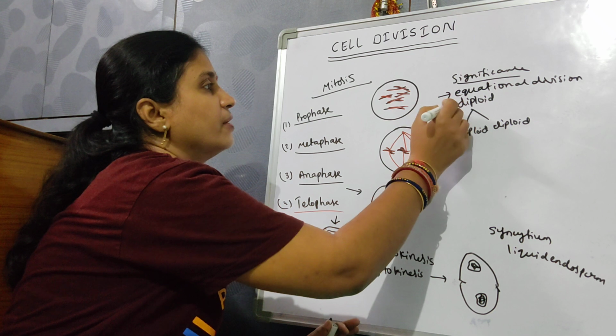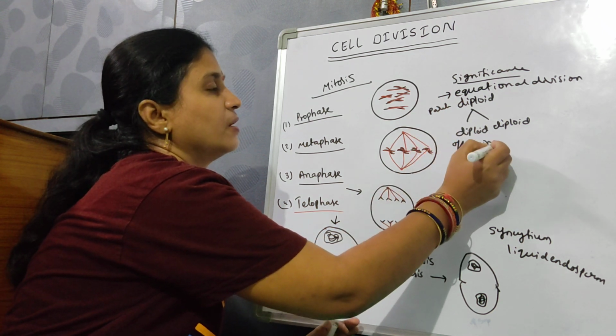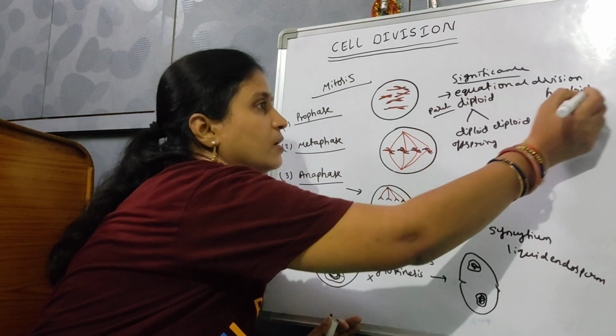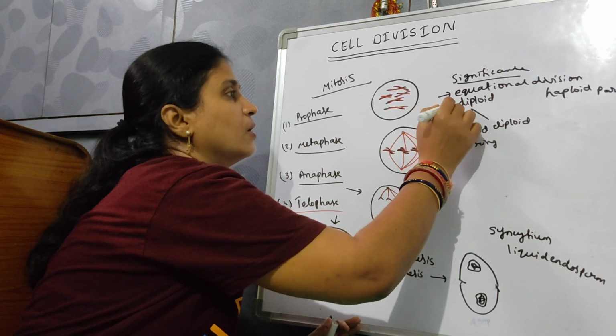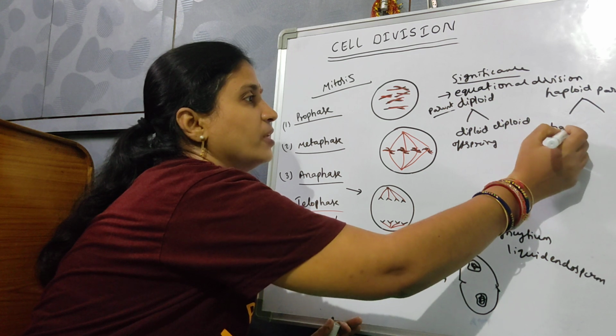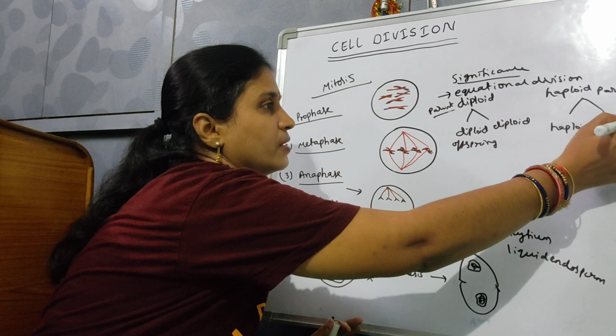If the parent cell is haploid, the daughter cells are also haploid. So the same genetic constitution is maintained.